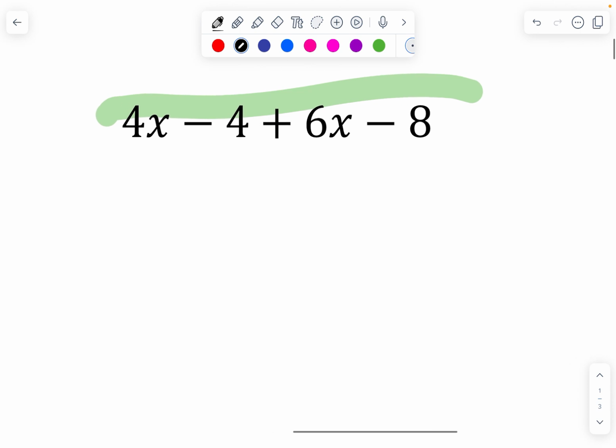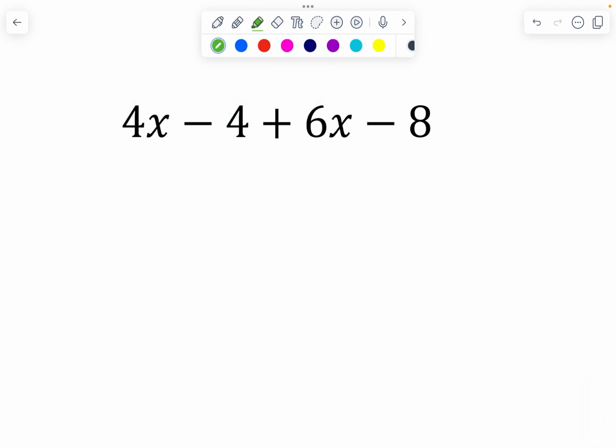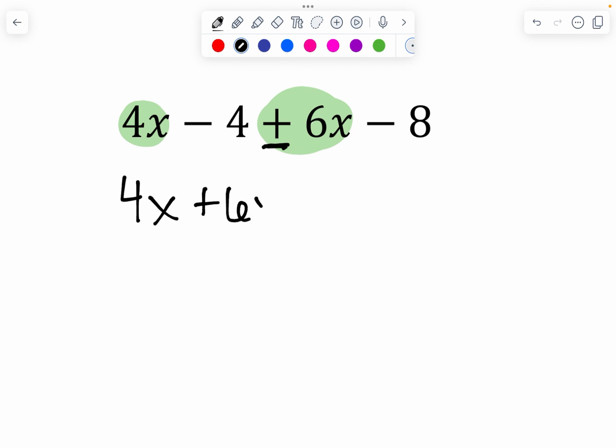Okay. Combining like terms, again, you combine the terms that have the same letter and the same exponent. So I see a term that has a 4x and I see a term that has a positive 6x. So remember, taking the sign in front of the number is important as we put these 2 things together. So I see 4x plus 6x. That's one set that I see.